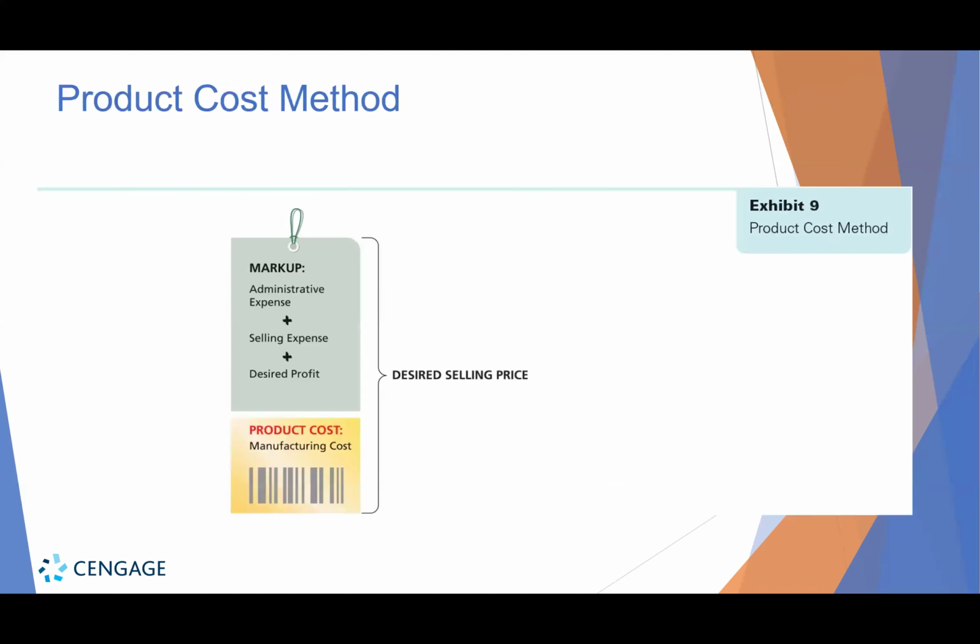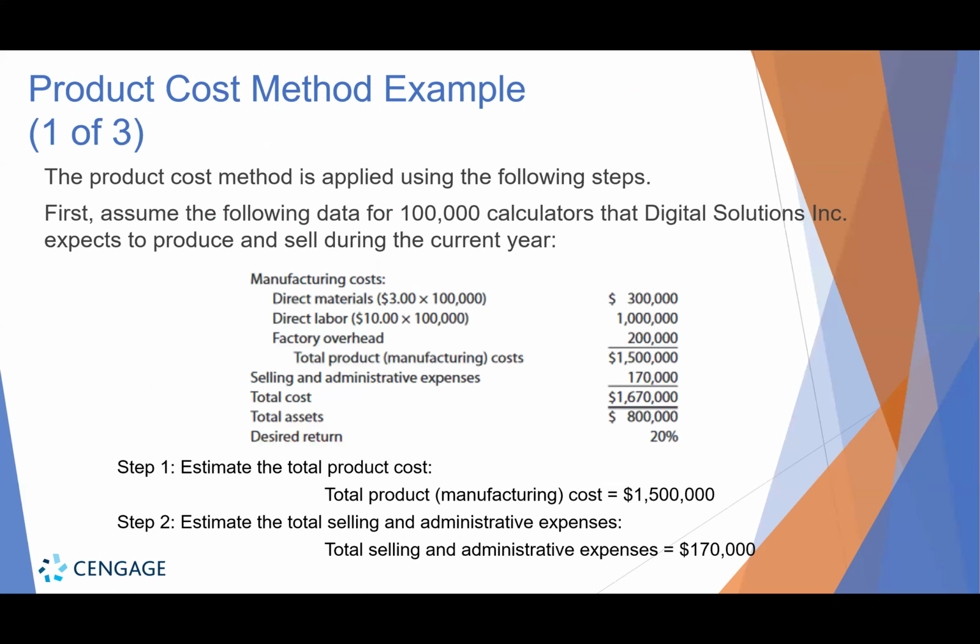Okay, so we've got our product cost method, which is the product cost and then the markup. Assuming the 100,000 calculators that Digital Solutions expects to produce and sell during the year, our costs are at 1.5 million, our selling expenses are at 170,000.